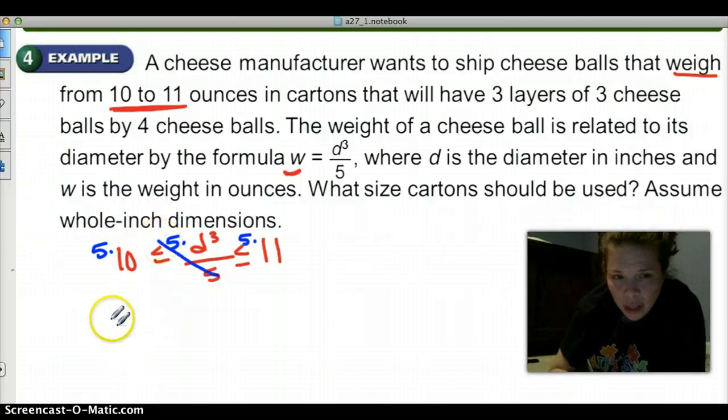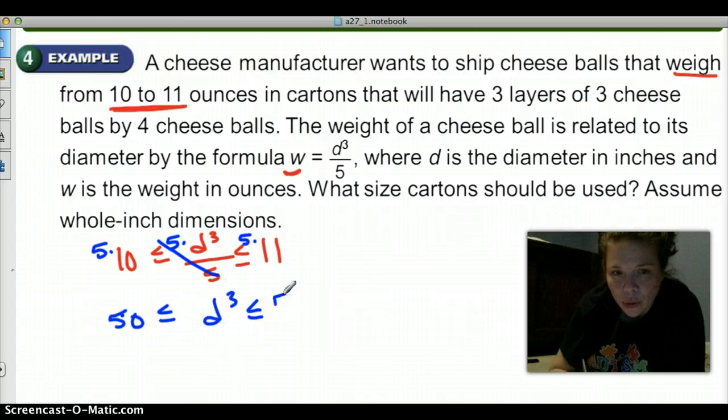These 5's cancel out, and now we have 50 less than or equal to D cubed less than or equal to 55. Now we need to take the cubic root of this D cubed so that it cancels out.